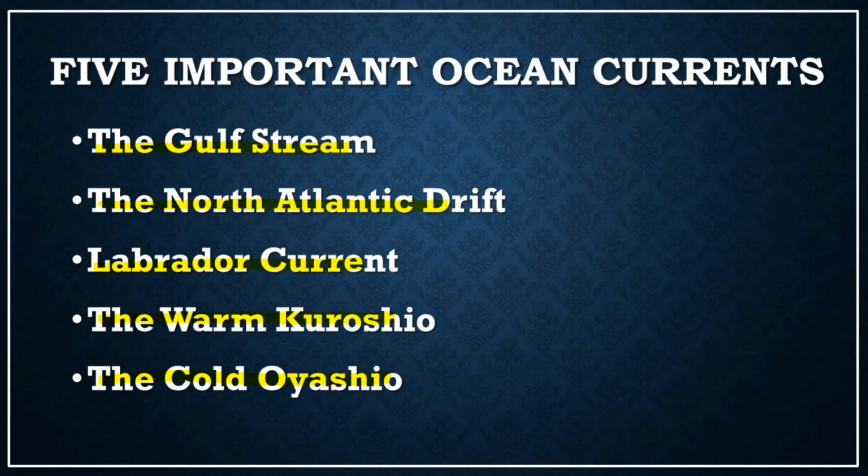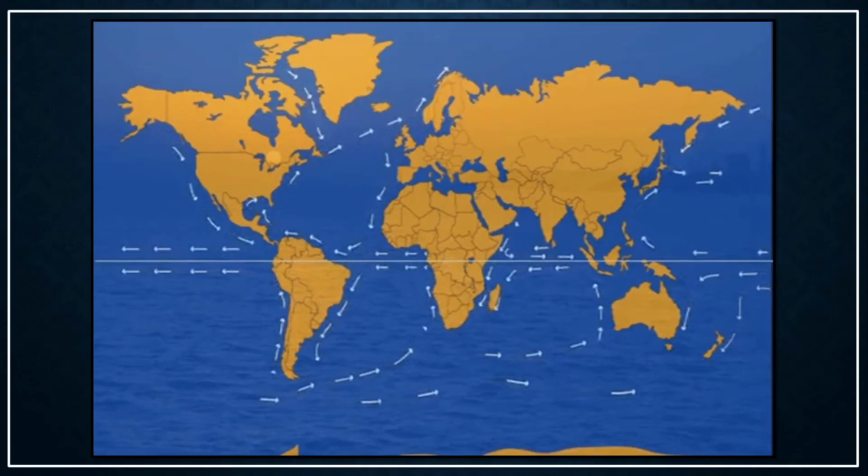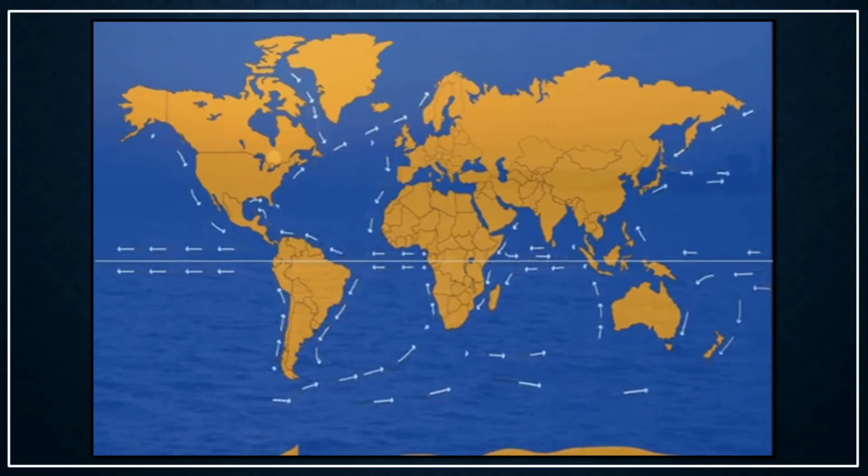Though I have talked to you about most of these, especially the Gulf Stream, the North Atlantic Drift, and the Labrador Current, still we have to learn in detail about these 5 currents. Now let us learn about them.